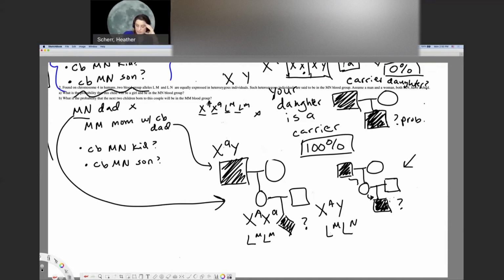There are separate ones: the color blindness is on the X chromosome, the other one's on the autosome, so you can do two separate crosses. So color blindness, we're crossing a carrier with not colorblind. This is the most typical passing on of color blindness that you see.